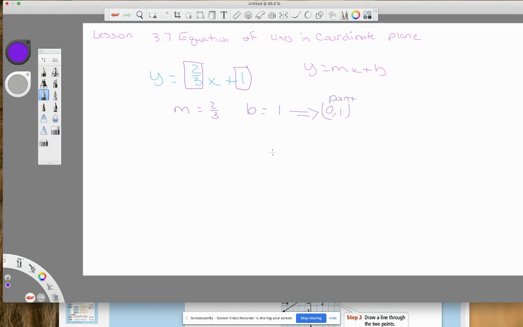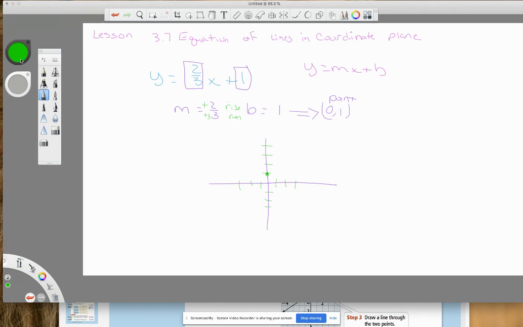Okay, so the first thing we do is we go to our graph, and we want to graph the y-intercept. So we know it's 0, comma 1. So 0, comma 1 is right here. We always graph this first. Then our slope is +2 over +3. So remember, we're going to rise from that point 2 units, and then we're going to run 3 units.